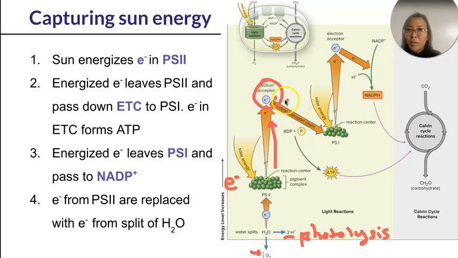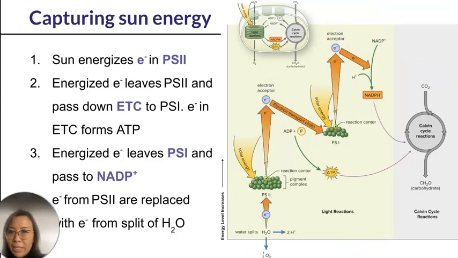This electron acceptor is found in the electron transport chain and will eventually be passed on to photosystem 1. In photosystem 1, we're also able to harness some of that solar energy to excite electrons. So here's the electron that comes from photosystem 2. It gets passed on to photosystem 1. The electrons get excited, and it will also go to an electron acceptor and get passed on to the next electron acceptor, which in this case is going to be NADP.